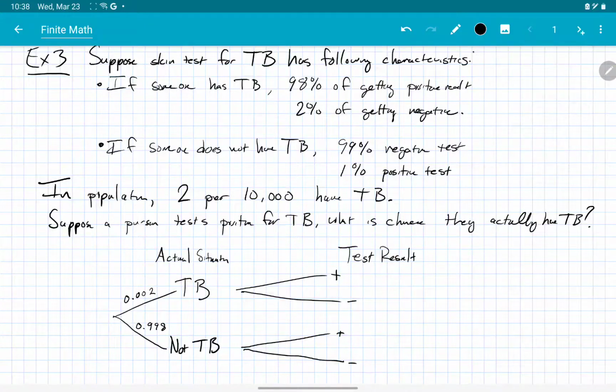Now let's look at the test results. The first bullet point above says what happens when someone has TB. So this would be 0.98 get a positive test result, 0.02 get a negative test result. And then for not having TB, 0.01 get a positive test result, and 0.99 get a negative test result.